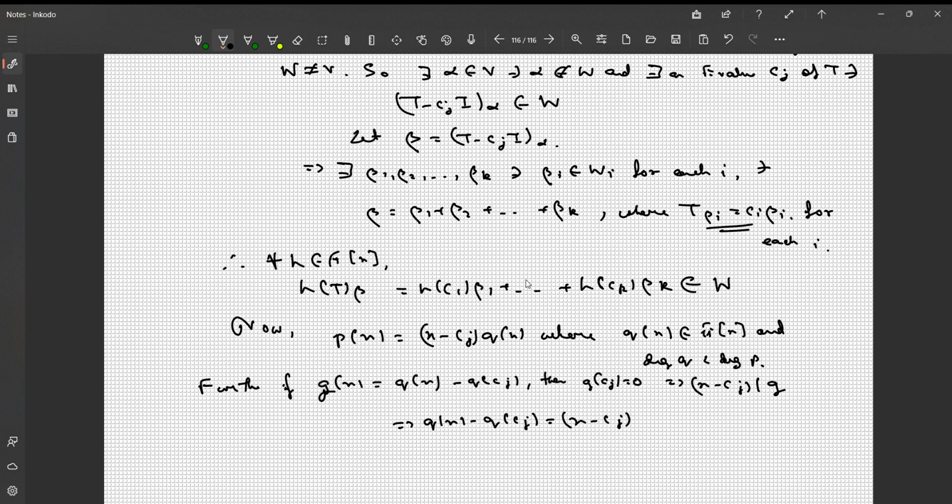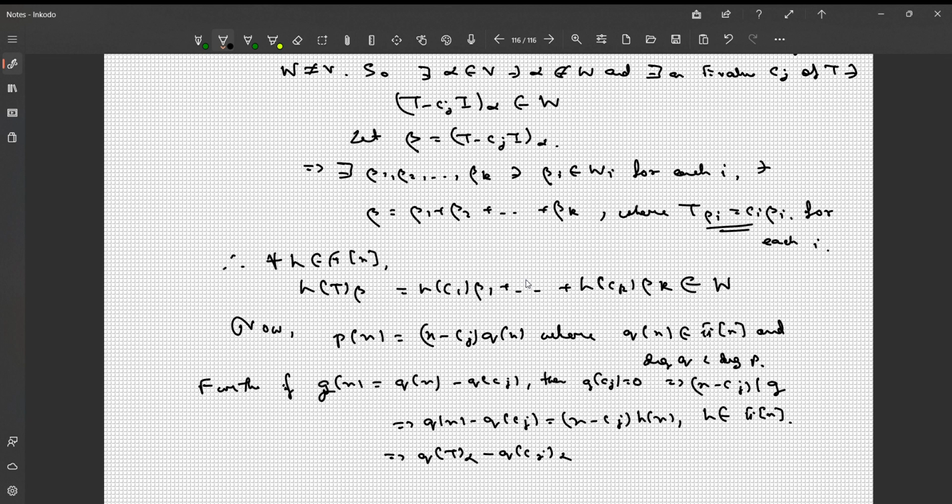This implies x minus cj is a factor of g, which implies that q(x) minus q(cj) can be written as x minus cj times some polynomial h, where h belongs to F[x]. Clear?